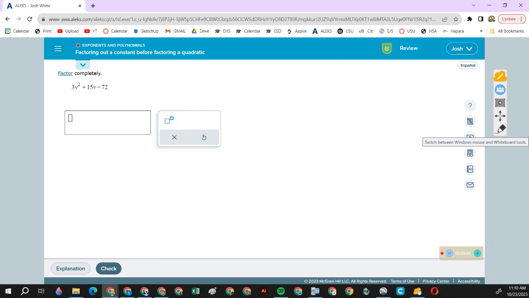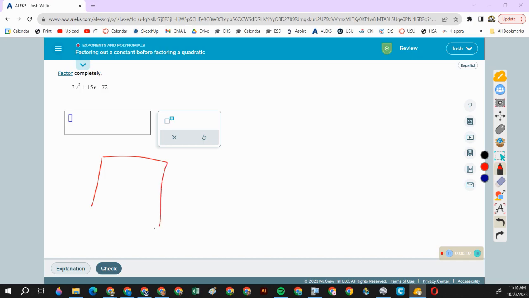This one, we're just going to use the box to factor. So I put 3v squared and negative 72. Oh, I don't even know what that is. So 72 times 3 is 216. And it's negative.